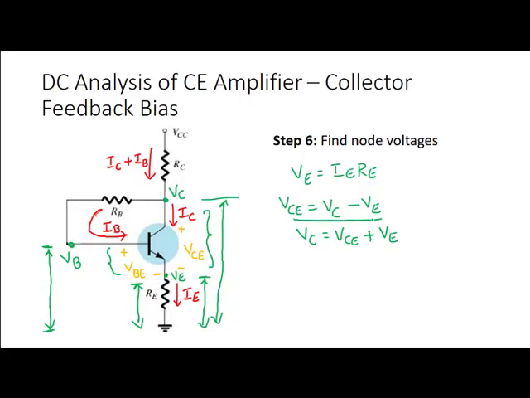So using this double subscript notation, we can find out what is VC. Similarly, we know what is VBE, which is 0.7 volt. It is nothing but VB minus VE. So we can in turn calculate what is VB. It is VBE plus VE. So we found out VE, VC and VB.